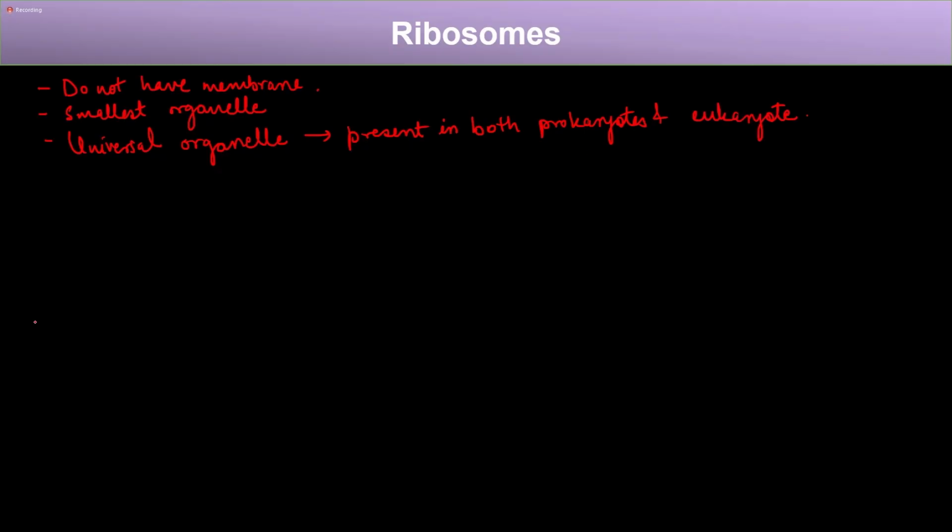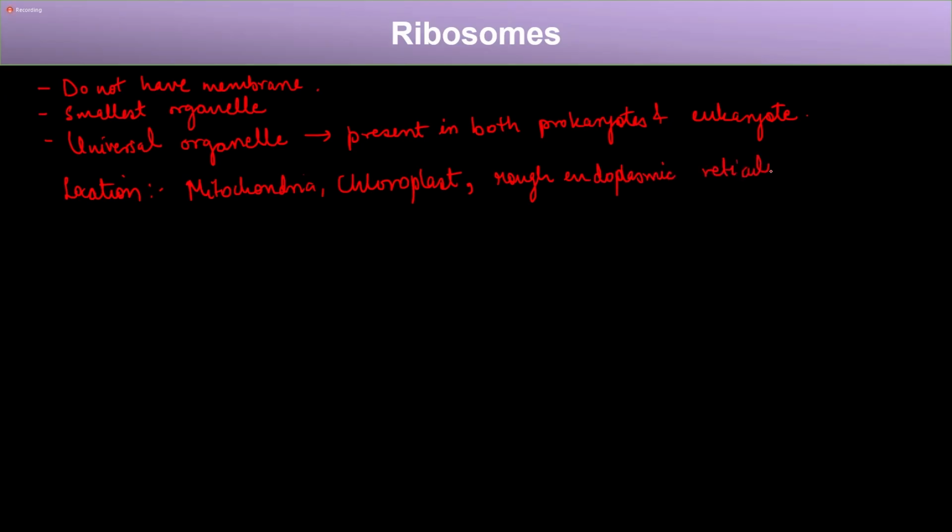Apart from this, if you talk about the location of the ribosome, we just saw that the ribosome is present in mitochondria and in chloroplast. We also saw, when studying the endomembrane system, that it is present on rough endoplasmic reticulum.